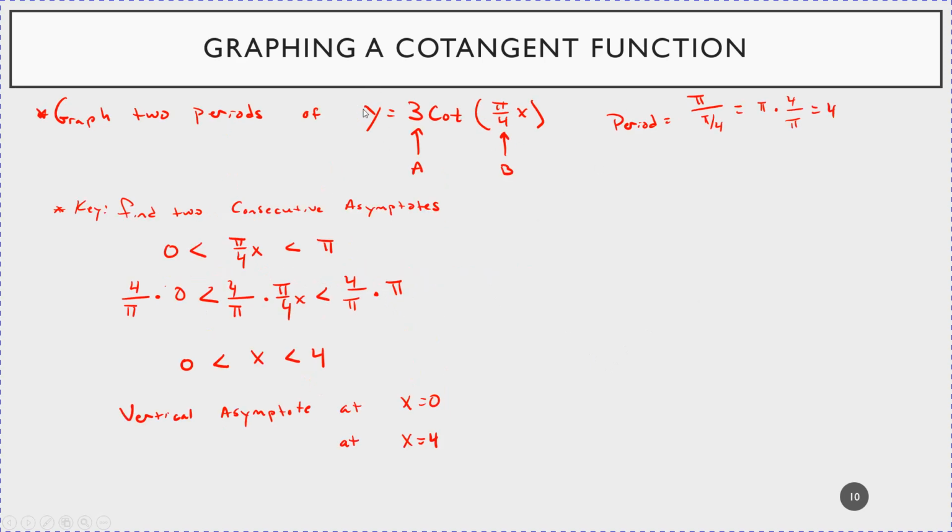Okay, so let's sketch again, going 2 periods of y is equal to 3 cotangent of pi over 4x.